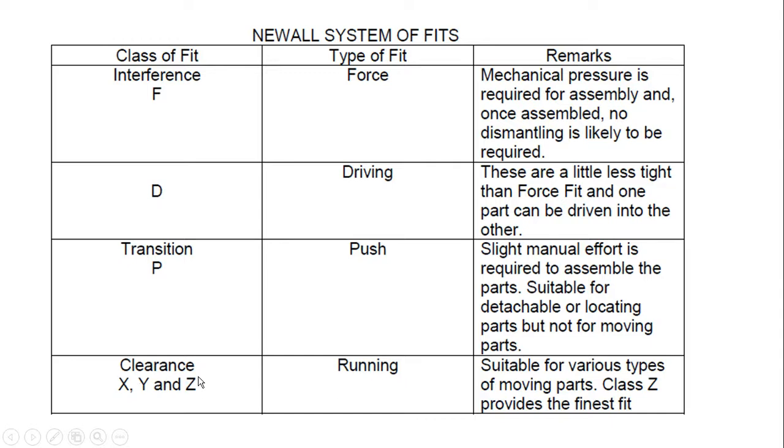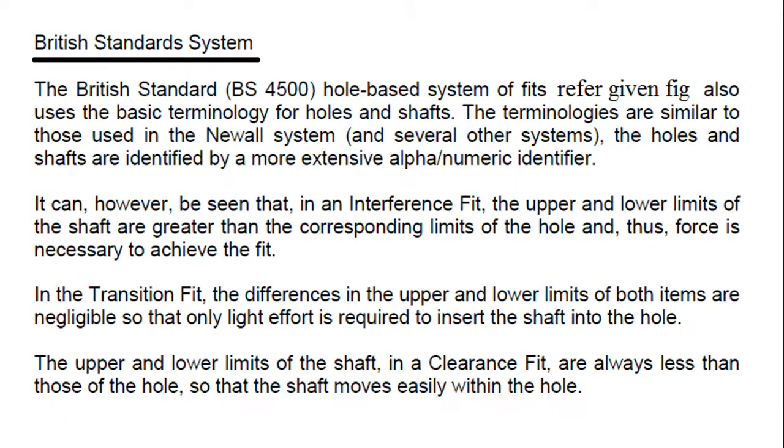Its identification alphabets are X, Y, and Z, suitable for various types of moving parts, and class Z provides the finest fit compared to X and Y. Right? I hope it is clear. So this is the naval system for fit.